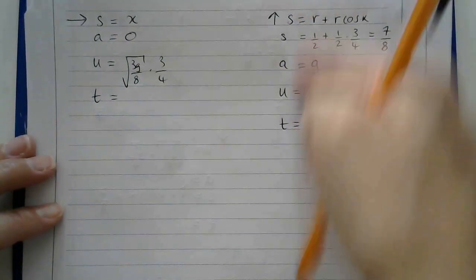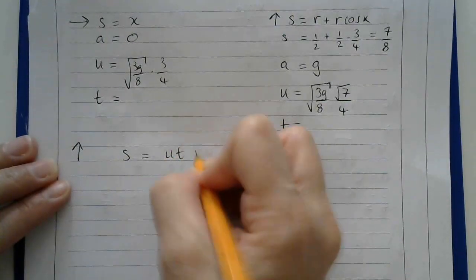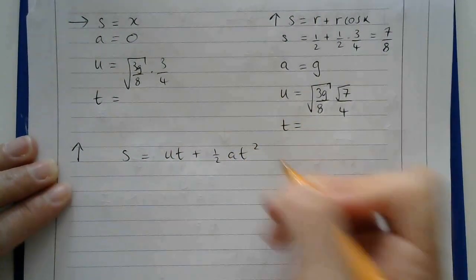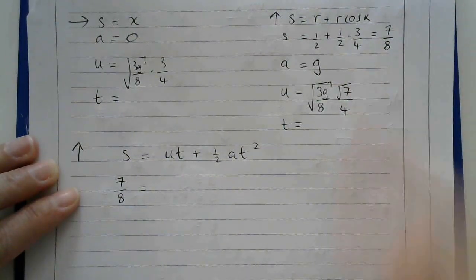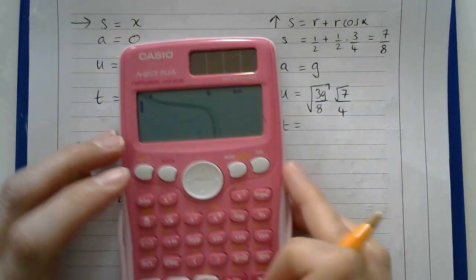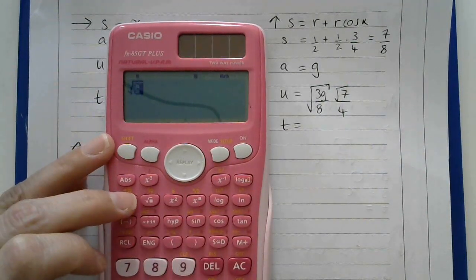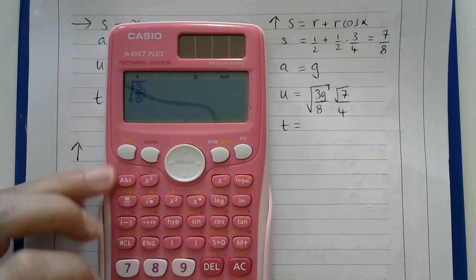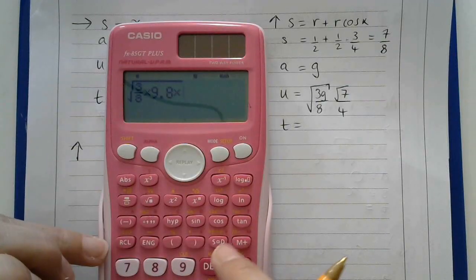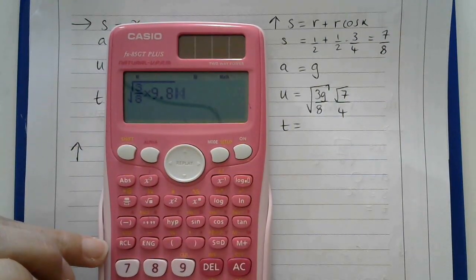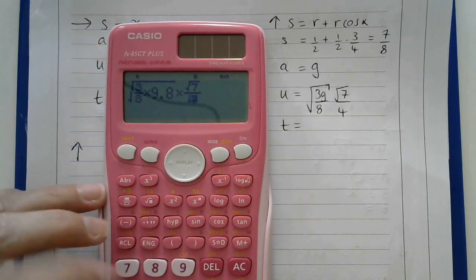Okay, so using these values vertically, S is ut plus half AT squared. So I get 7/8 is that thing. Let's just see if the calculator can make that slightly nicer. I've got square root of 3 over 8 times 9.8 times root 7 over 4.